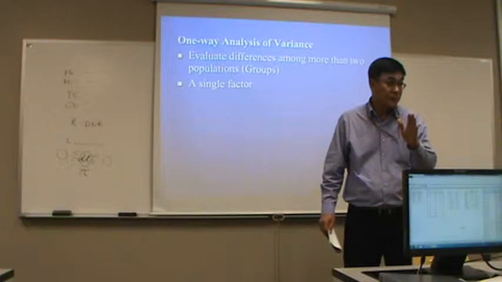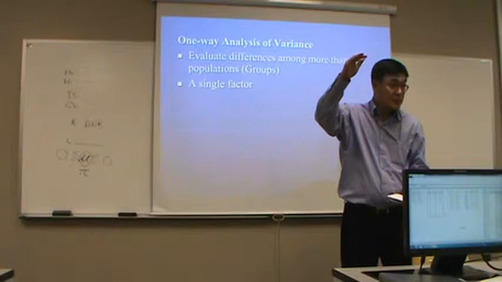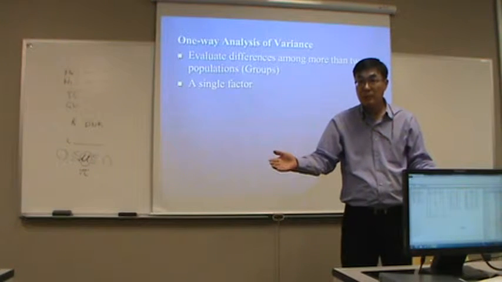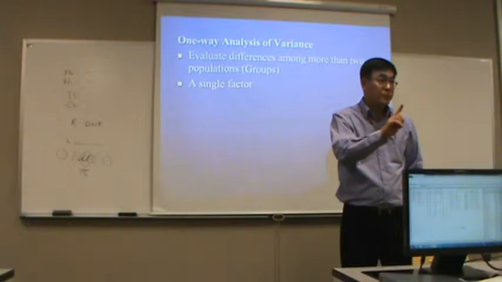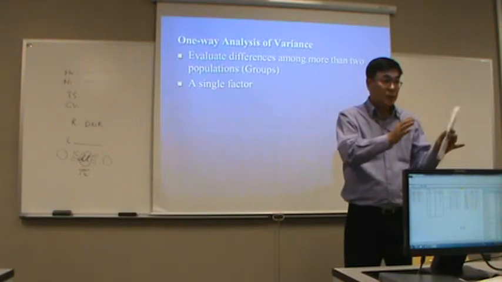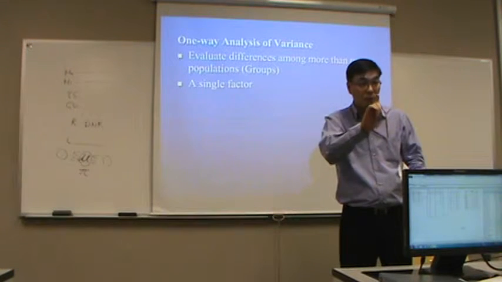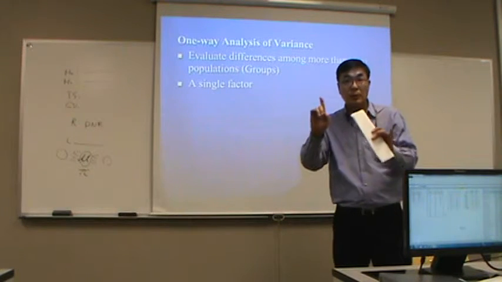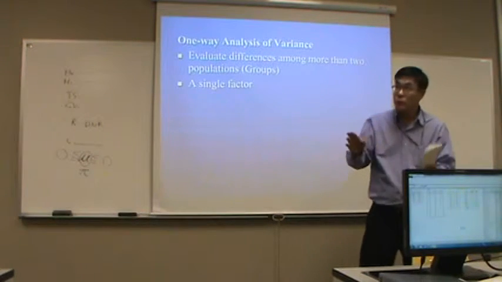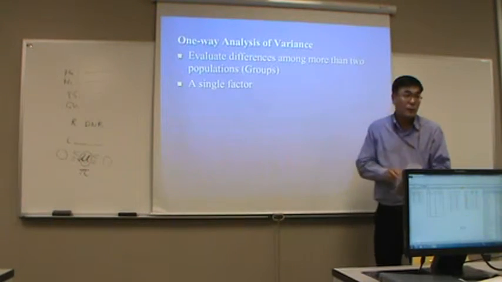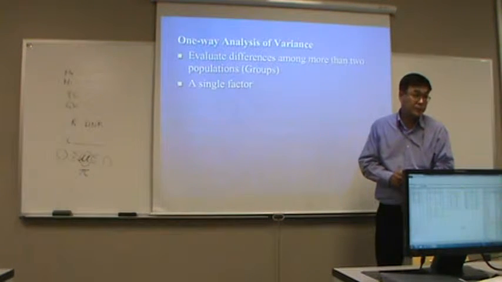One characteristic, like gender, right? Maybe another characteristic like height or weight, something like that. Use only one variable, gender, not both. Only one single characteristic or variable, then we use one-way ANOVA, or one-factor ANOVA.